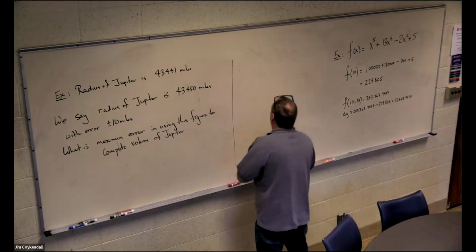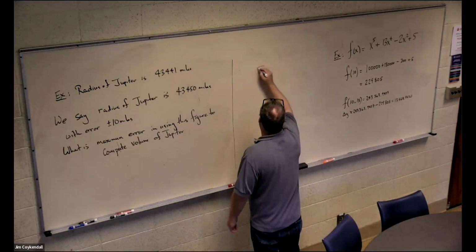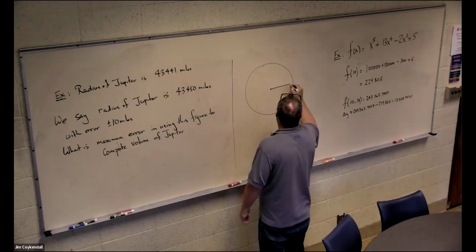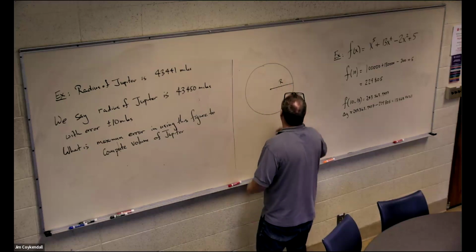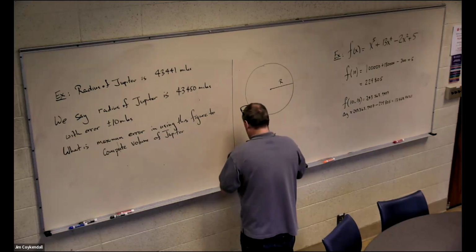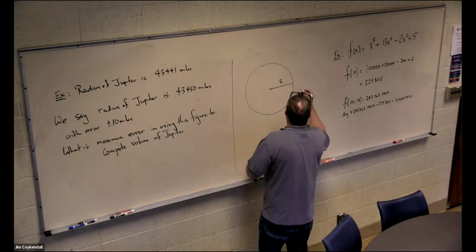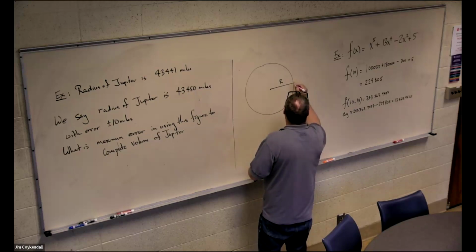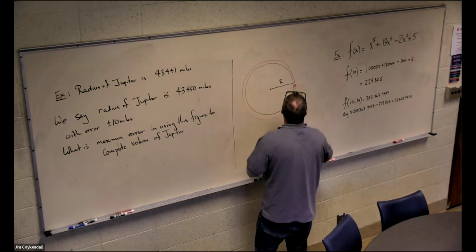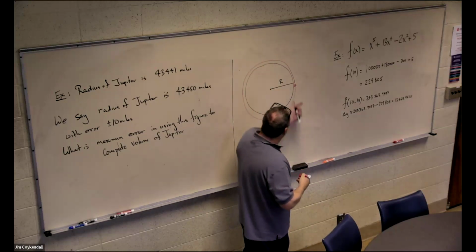Here's the problem, and this shows why. So here's Jupiter, and I measured this radius R. Now, I could have missed this by a little bit. Maybe I missed the radius by that much.